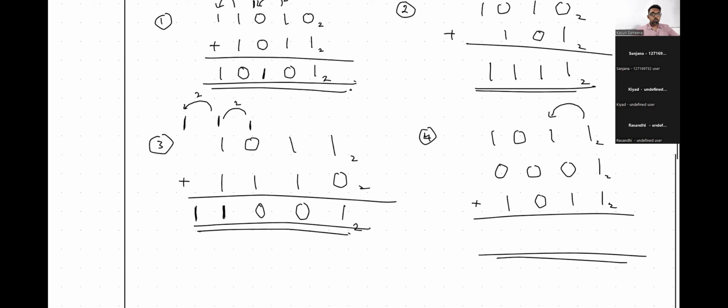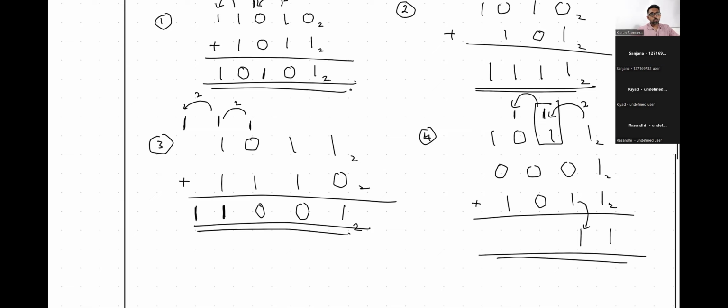Once we take 2 into the next position, it will become 1, remains 1. Again, there are 3, then we can take 2, it will become 1, remains 1. Right, we're going to take these 2 ones to the next position. We're going to write the remaining one there. Now we've got 1 0 0 0.